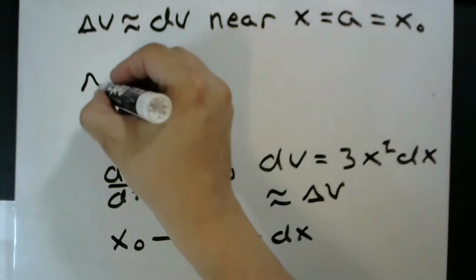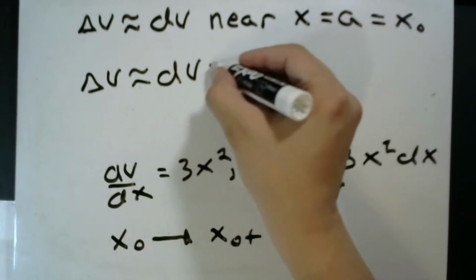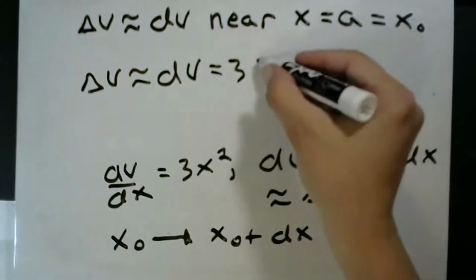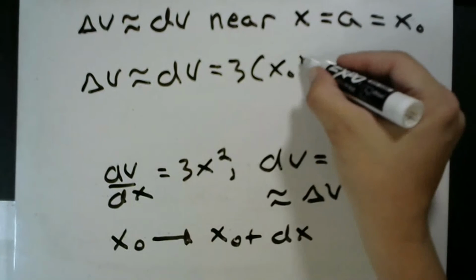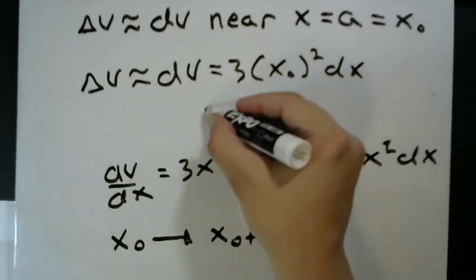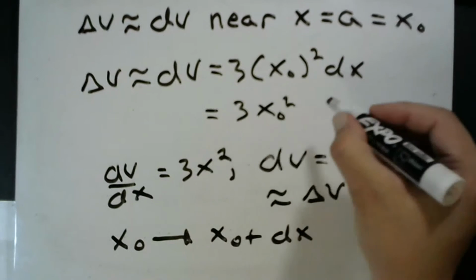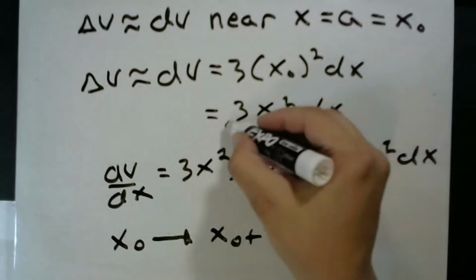So that means delta v is approximately dv, which will be 3 x0 squared dx.